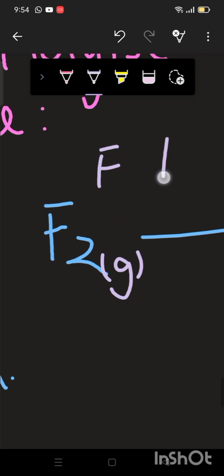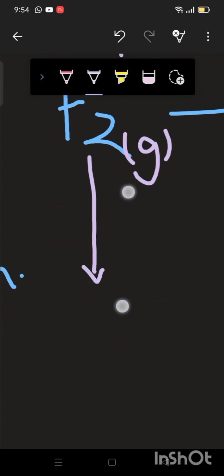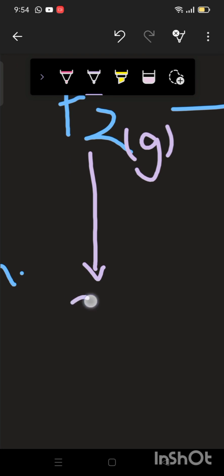Now we need to break the bond between fluorine and fluorine first, right? We know that there is a bond between these two fluorine atoms. We need to break the bond first, to make it 2F, so this F-F bond would be broken.